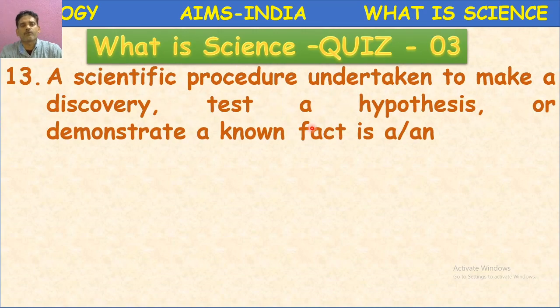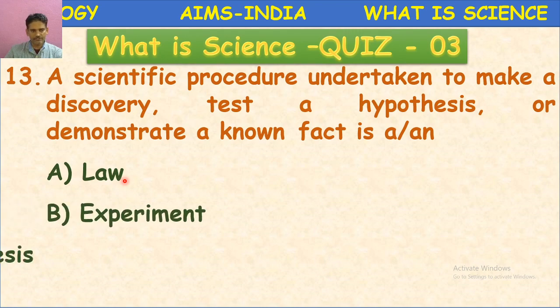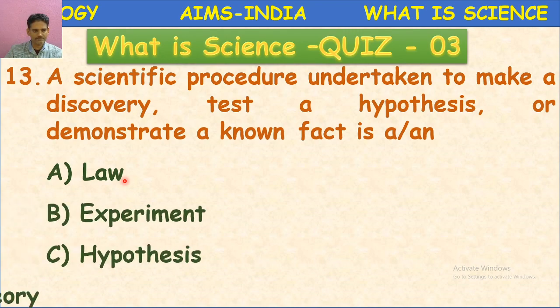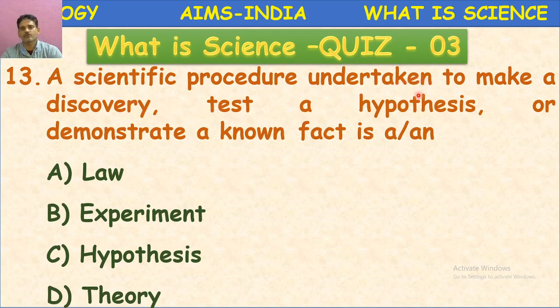A scientific procedure undertaken to make a discovery, test a hypothesis, or demonstrate a known fact is law, experiment, hypothesis, or theory. So a scientific procedure undertaken to make a discovery, test a hypothesis, or demonstrate a known fact.